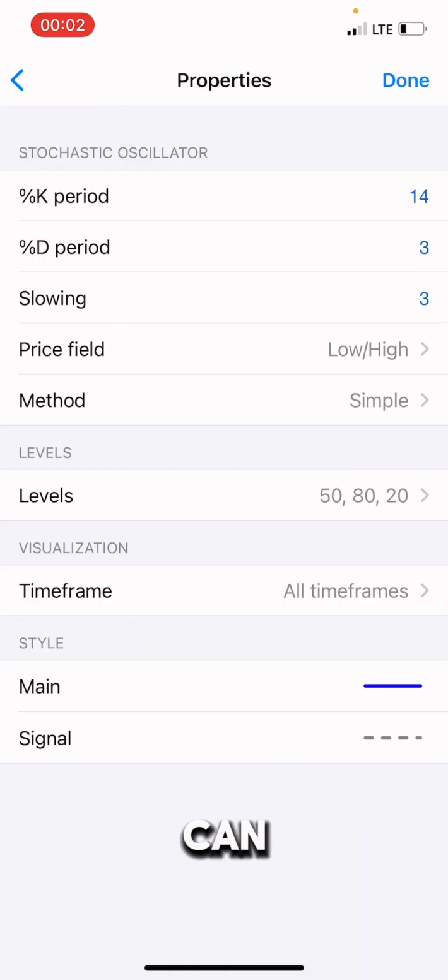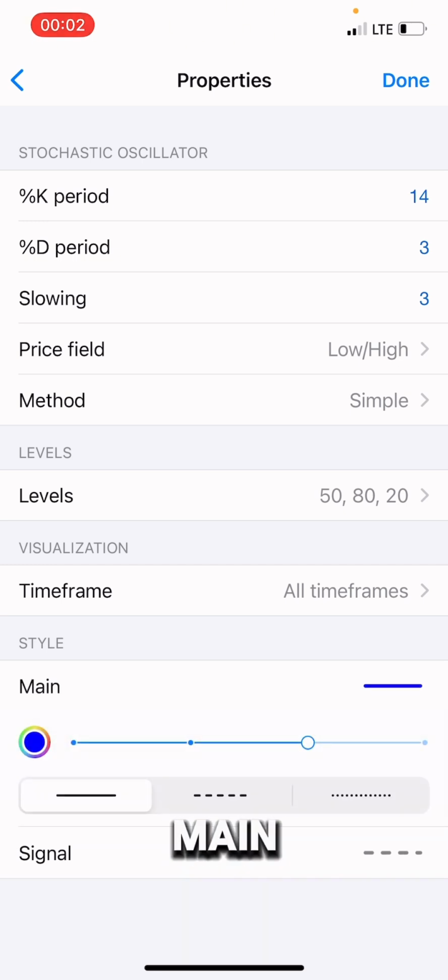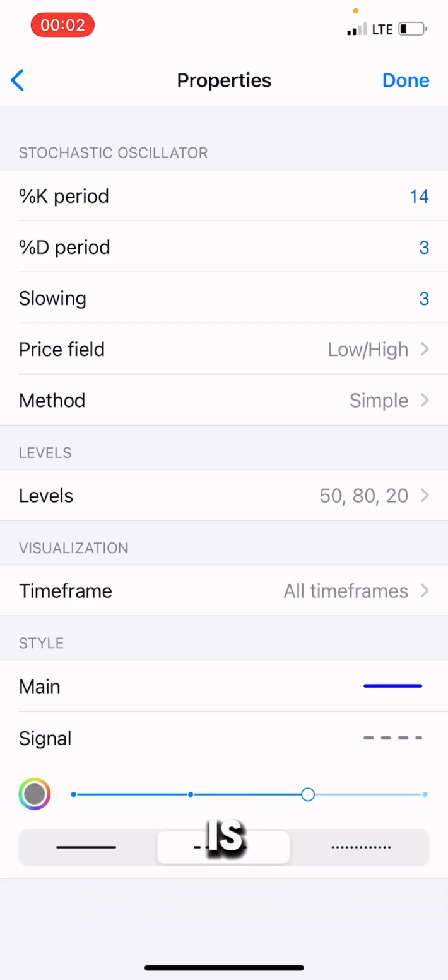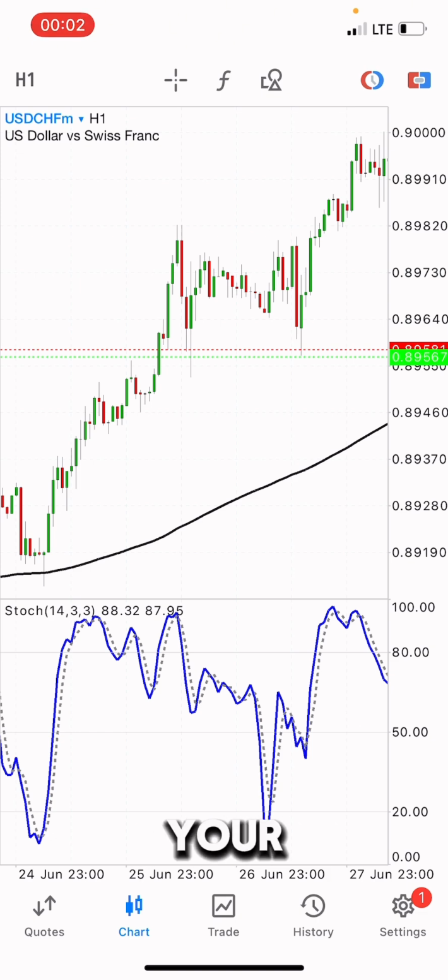You can choose whatever two colors you want on your chart. For me, my main color is blue and my signal color is ash. You leave both as 3 pixel. Then you go to done, and this is how it will be on your chart.